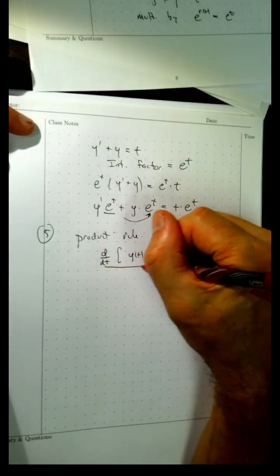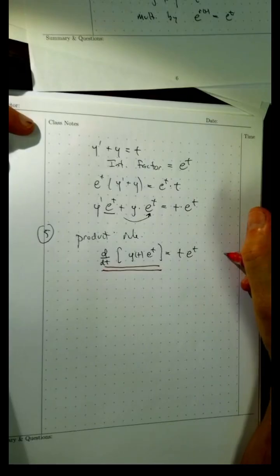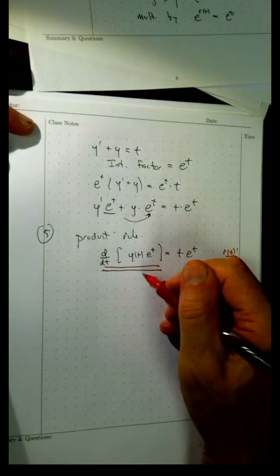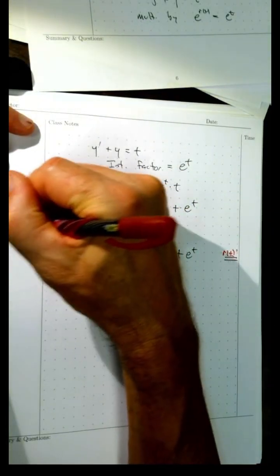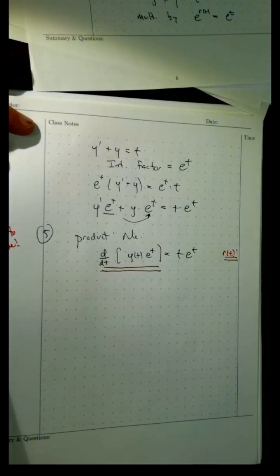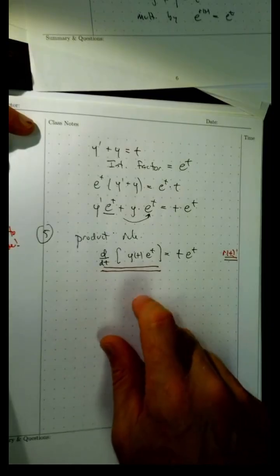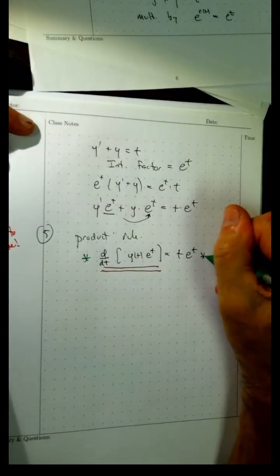This is by design. I defined my r of t so this would happen. If this does not happen, you did something wrong. If that is not true, you made a mistake somewhere. The whole reason behind integrating factors is so I can get to right here.